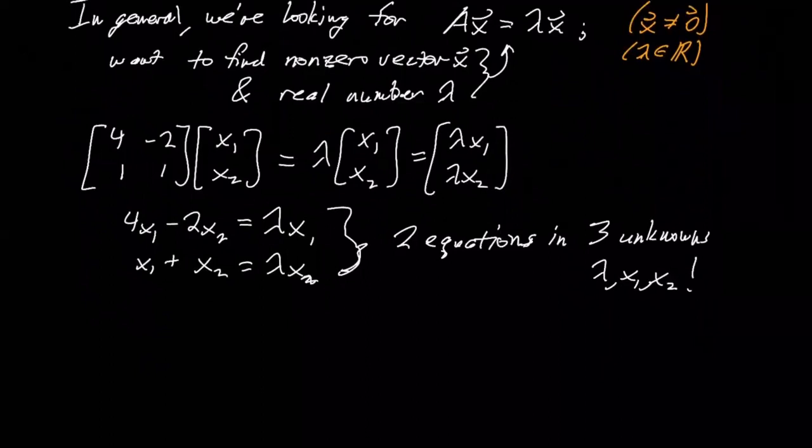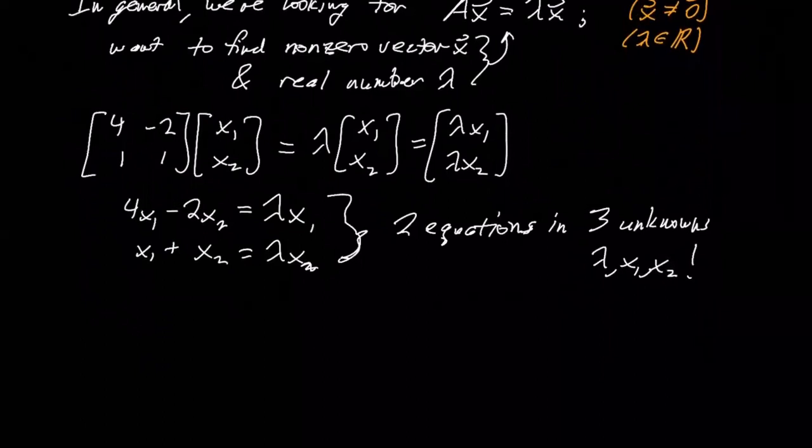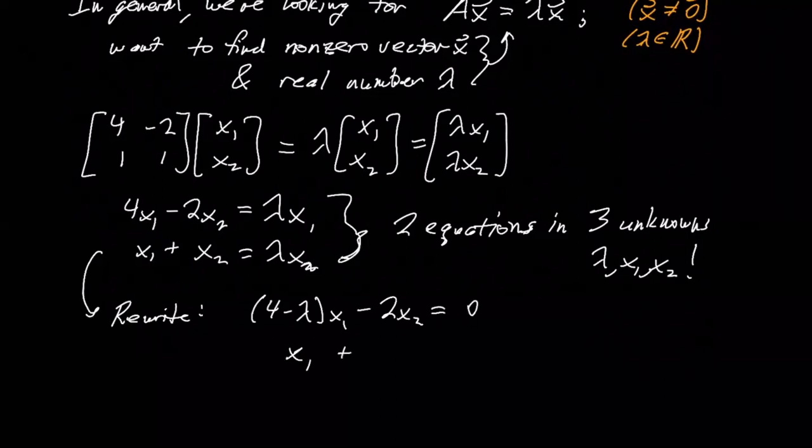But here's the saving grace. We can rewrite this as a system of equations in the more standardized way, right? If we subtract the lambda x1 and the lambda x2 to the left side, we get (4 minus lambda) times x1 minus 2x2 equals 0, and x1 plus (1 minus lambda) x2 equals 0.